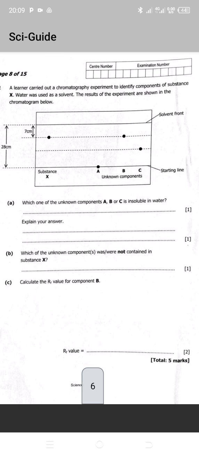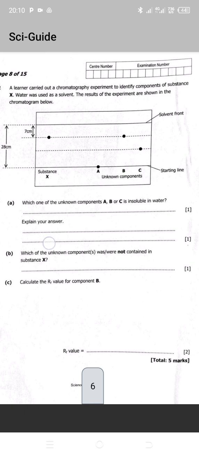In this case, this is how far the water moved. But the spots moved from the starting line, like for B, from the starting line up to here. So without wasting much of our time, retention factor is equal to the distance moved by the spot over the distance moved by the solvent front.